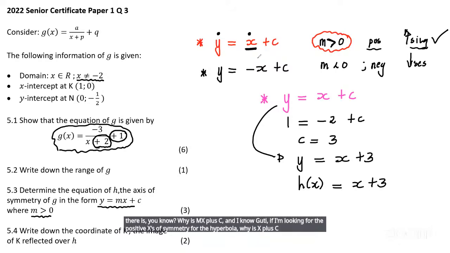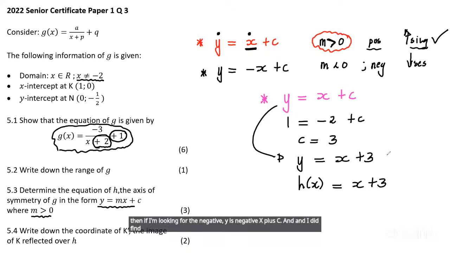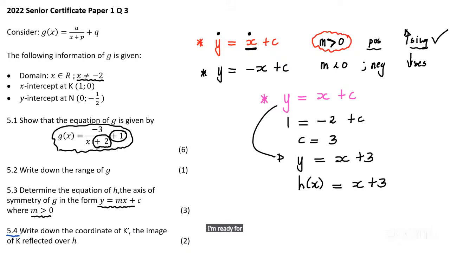If I'm looking for the negative, y is negative x plus c. And I did find my c and got my equation just as it should be. I'm ready for 5.4, because the more we do, the more we know. The less we do, the less we know.